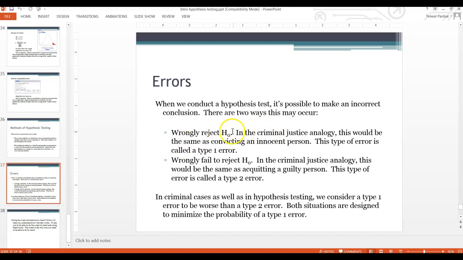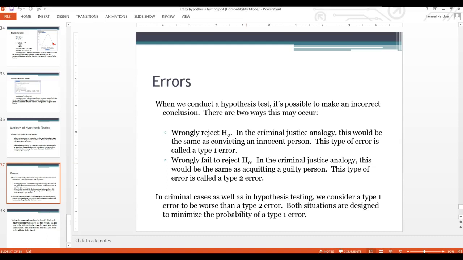If you're looking at the criminal justice analogy, rejecting H0 in error would be convicting somebody when they're actually innocent. They call that a type 1 error. A type 2 error is when you fail to reject H0 and it's not the correct conclusion. In the criminal justice analogy, that would be the same as acquitting a person who's guilty of the crime.